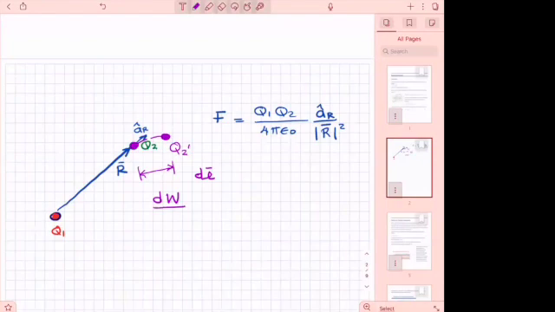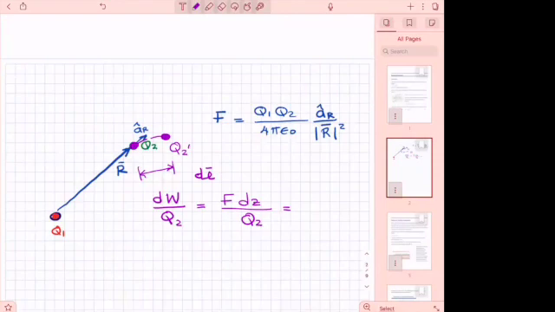And then dw is going to be nothing else but F dl, for this simple case. And then if I divide this by Q2, what is this going to give me?